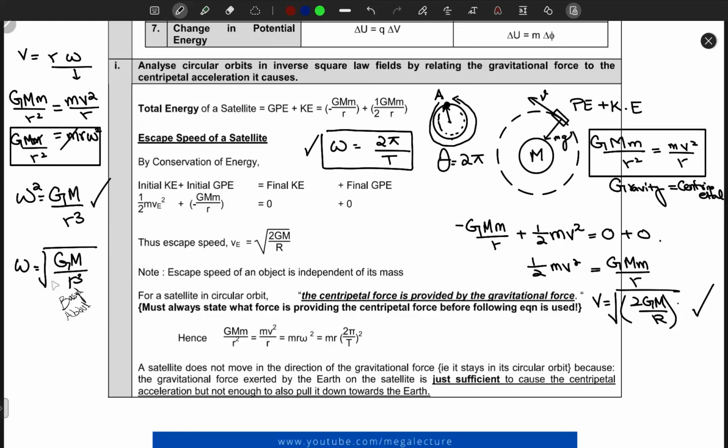That's Kepler's third law, the relation between time period and angular velocity. So that's what we'll be doing now, to find out the time period of the satellite: how much time does the satellite take to complete one revolution around the Earth? So that's clear, right?